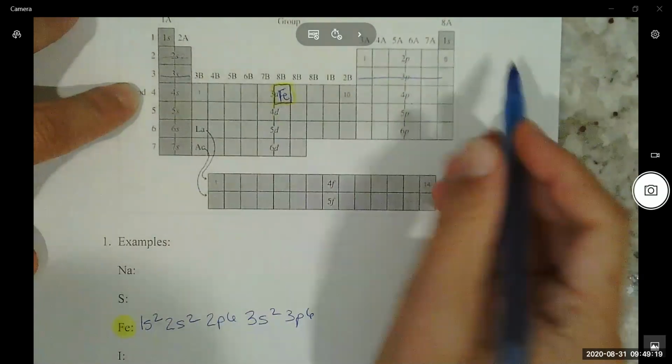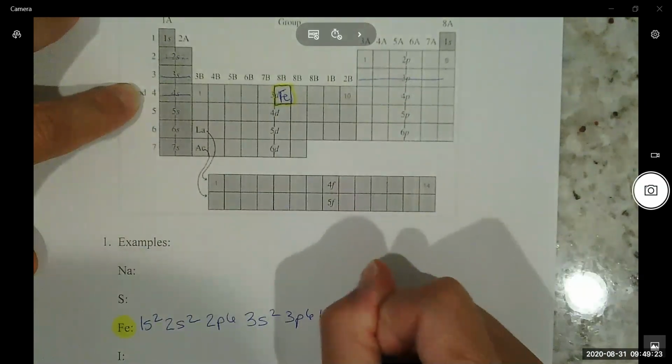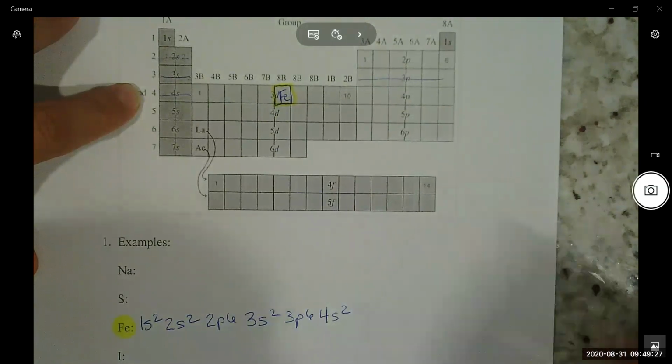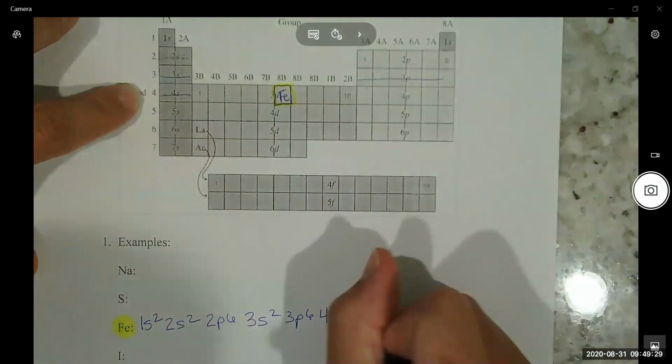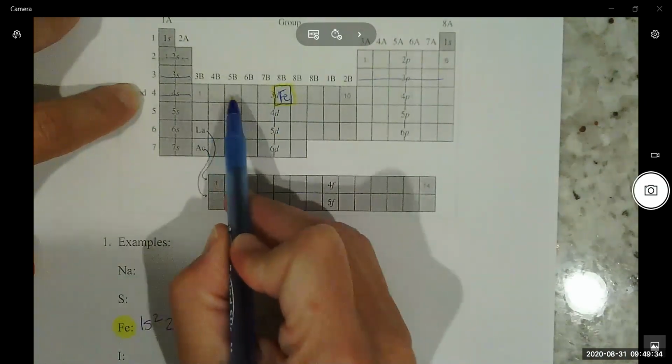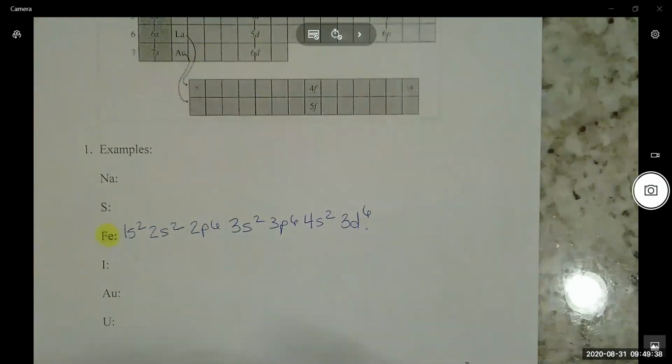When you go to the next row, you don't have to memorize that 4s comes next, you just use your periodic table as a shortcut to figure that out. So I have 4s2, and then this is 3d. So 3d, and then I'm just going to count across 1, 2, 3, 4, 5, 6, 3d6. This is the long electron configuration for iron.